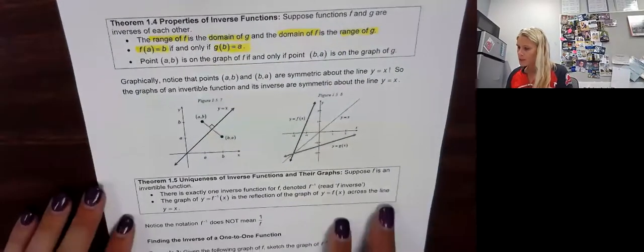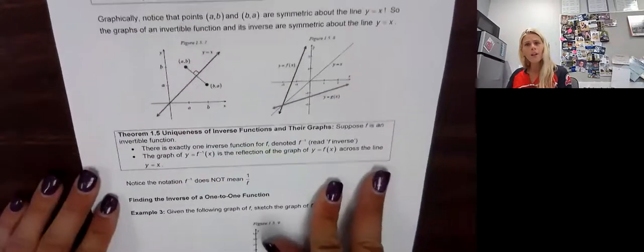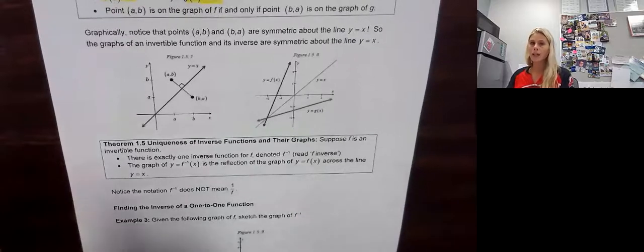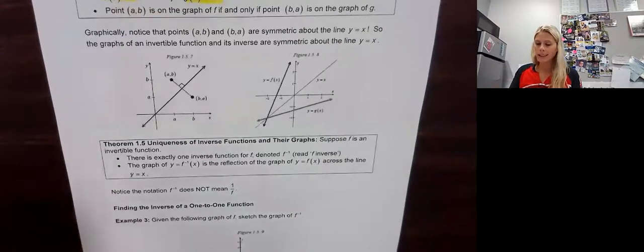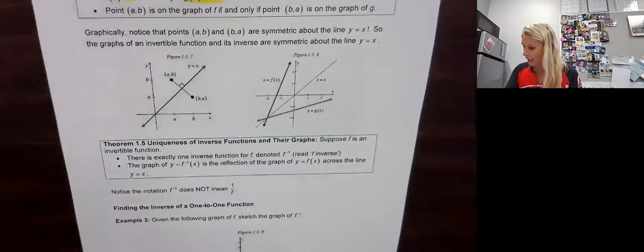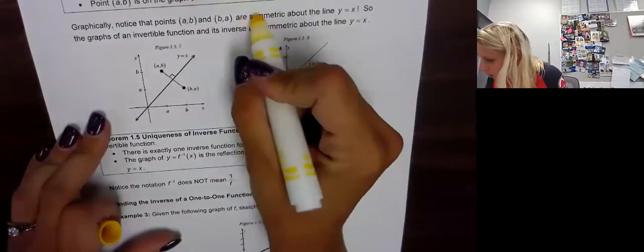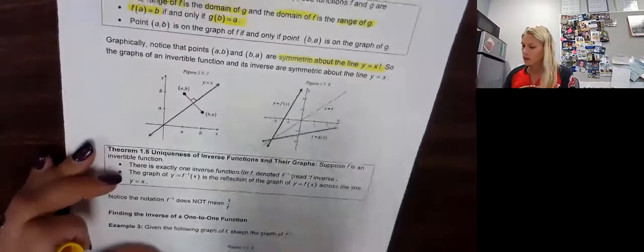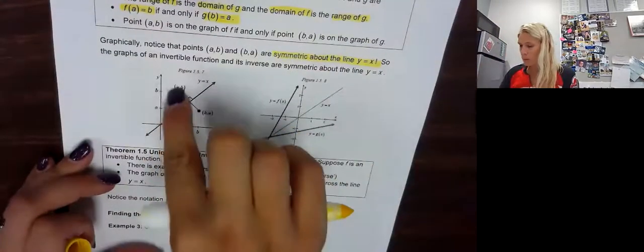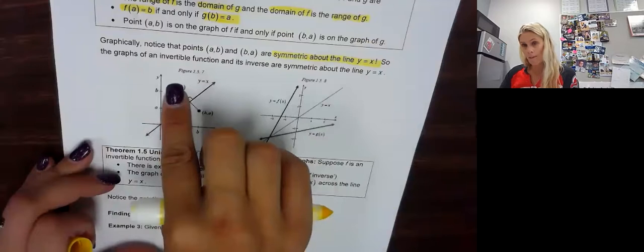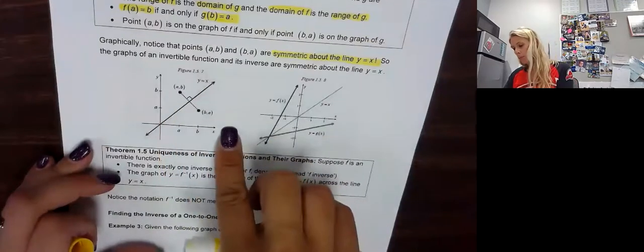Okay, so if your other teachers haven't shown you this either, what's great about inverses is that they're always symmetric to the line y equals x. So this is y equals x. That means whatever is on this side for one function, the inverse will be on the other.